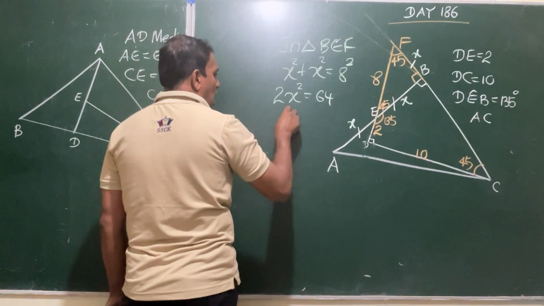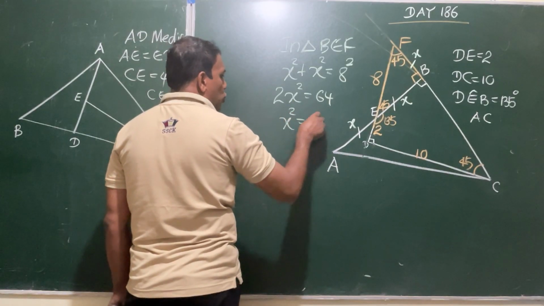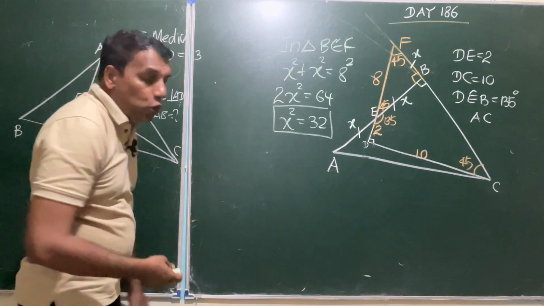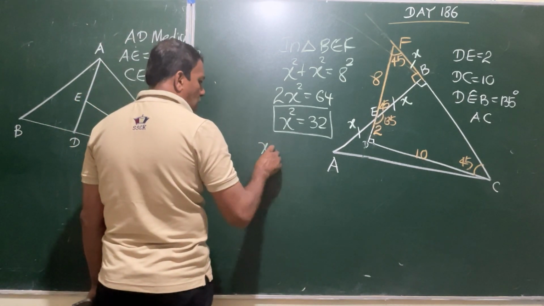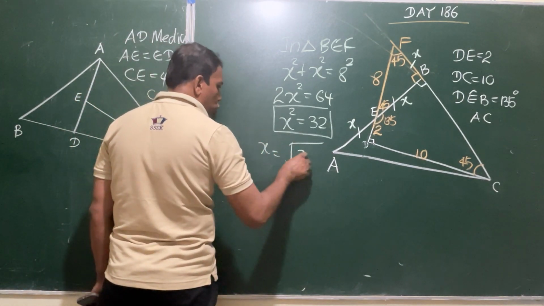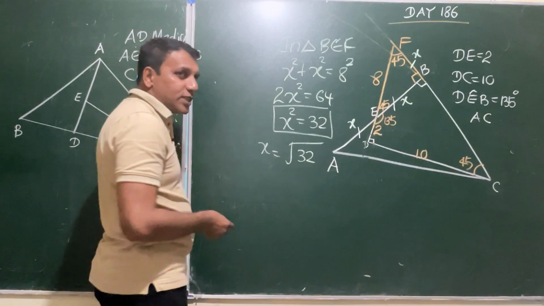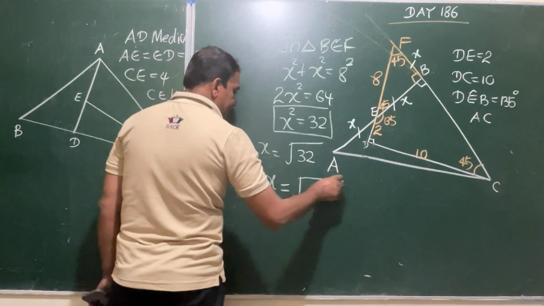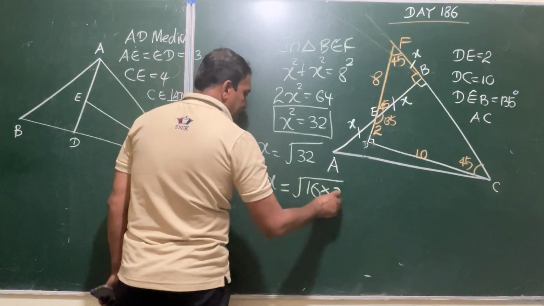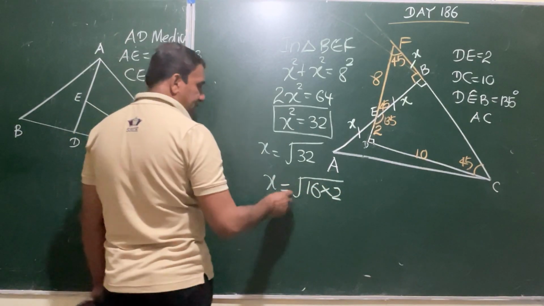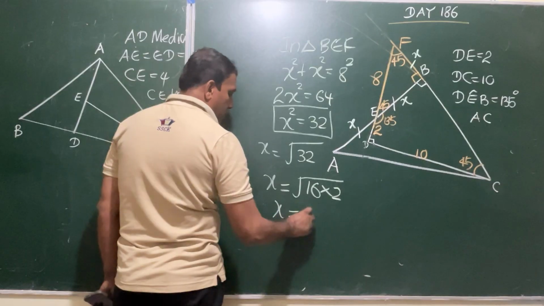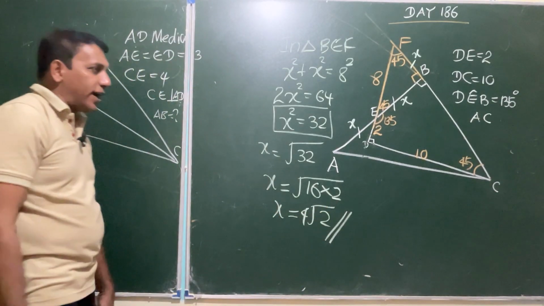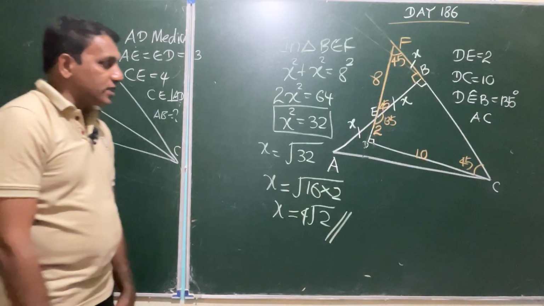So x squared is 32. Otherwise, x is what? Square root of 32. Can I write it in surd form? 32 is 16 times 2, right? Take the 16 outside, that is 4. So x is 4 root 2 centimeters, right? So I found my x answer, okay?